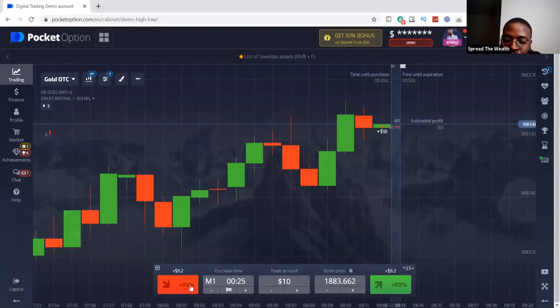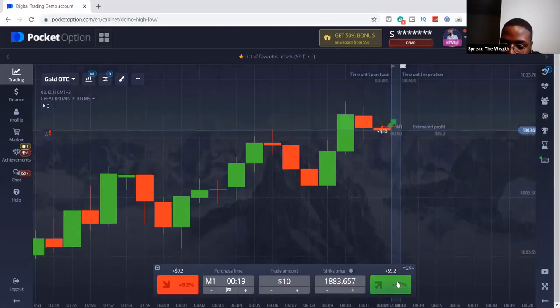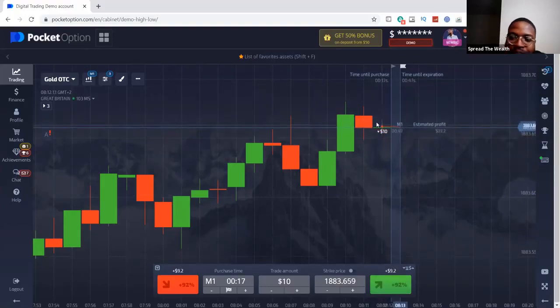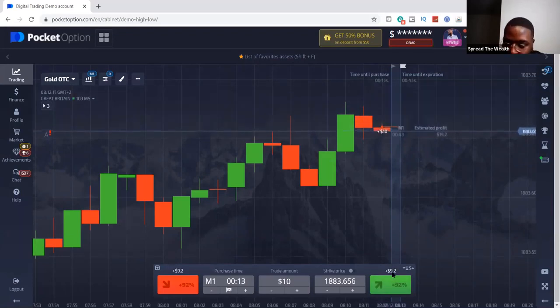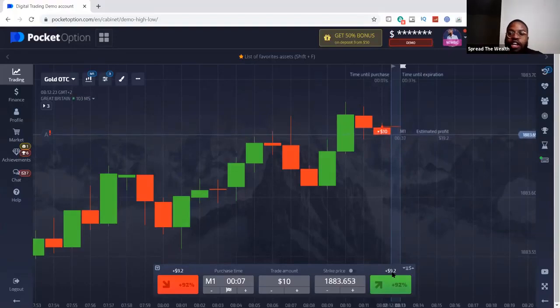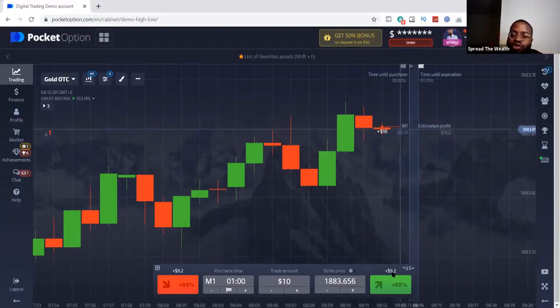Right now, I'm in this trade for $10, but it says the payout is going to be 92%. So I will make back the money that I put down plus the payout. Instead of just making back my $10, I'm going to make back $19 and profit on that specific trade. And that's basically how you navigate through Pocket Option.